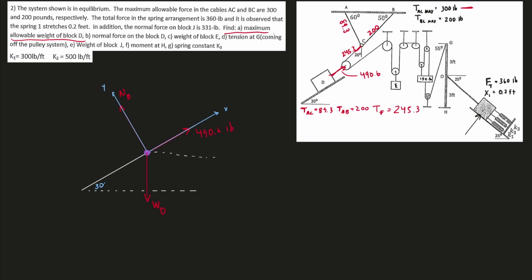Here's a horizontal line right here, which means this is 30 degrees. 30 degrees here and here. I'm going to split this weight vector into two components.